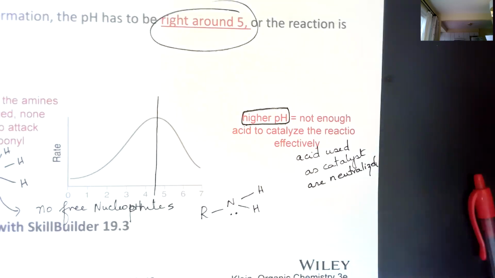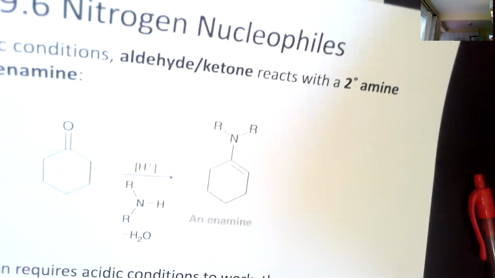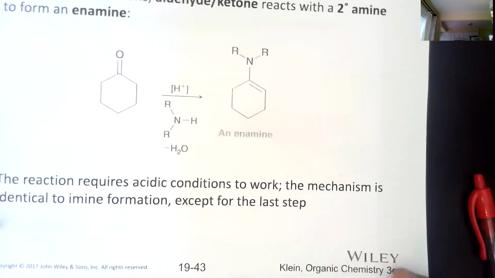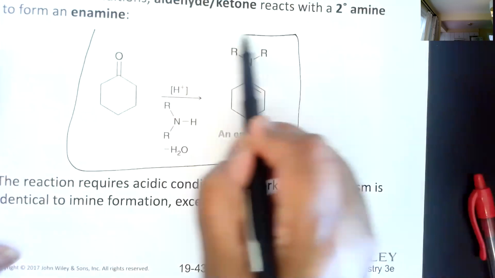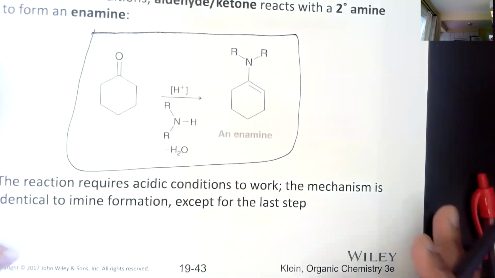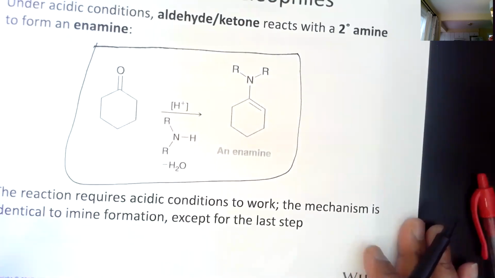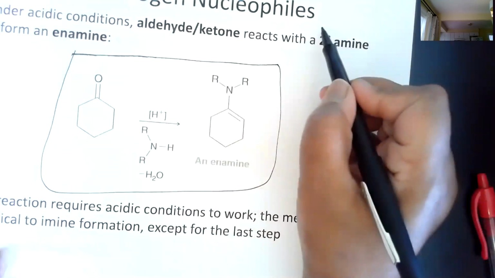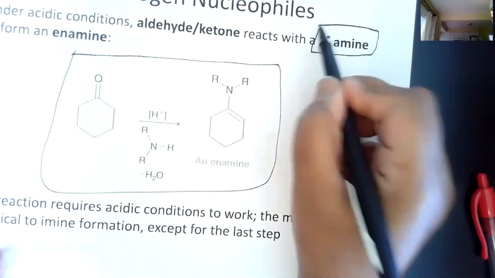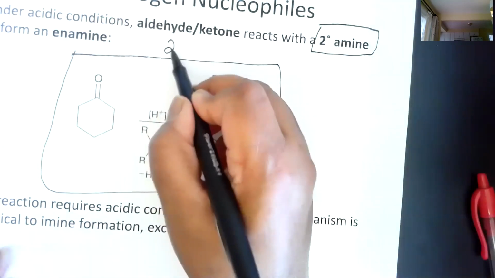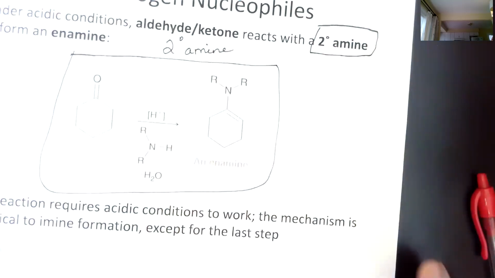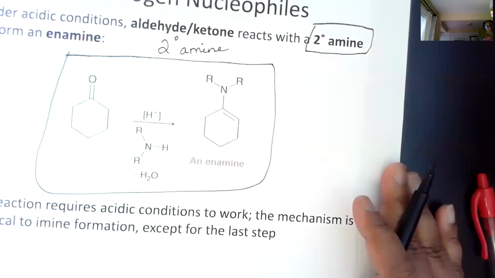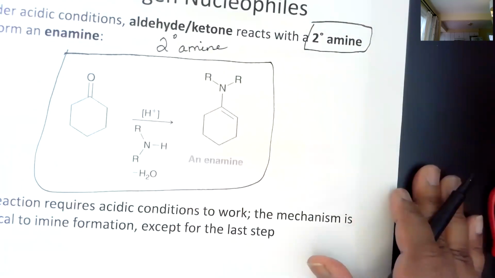Now, when you come to class on Monday, I want you to write the mechanism for this reaction. Okay, this is the reaction with the secondary amine. And you can upload it on the chat when we come up.